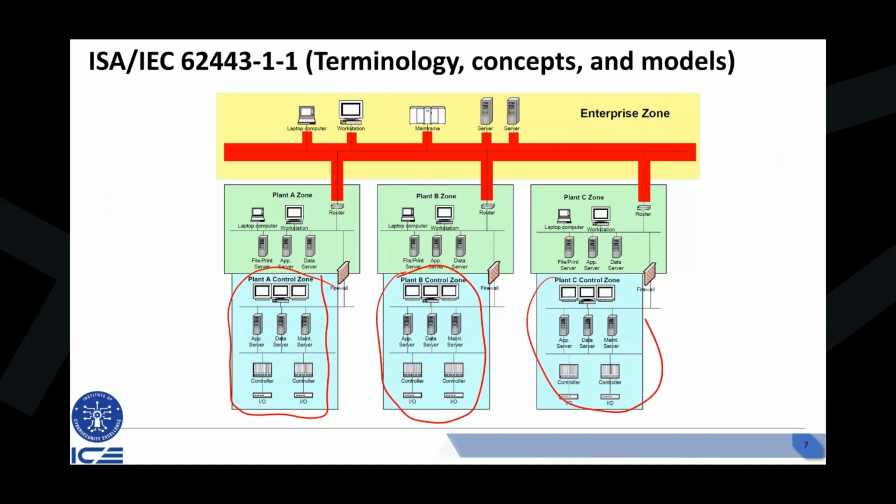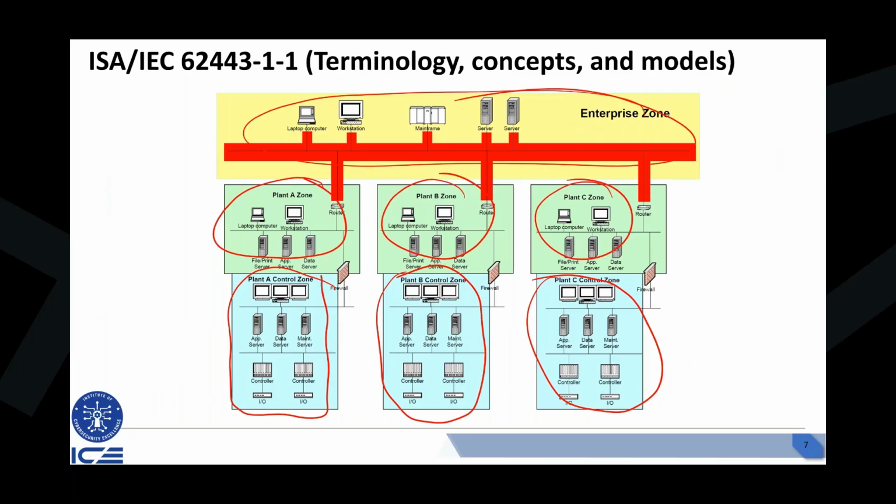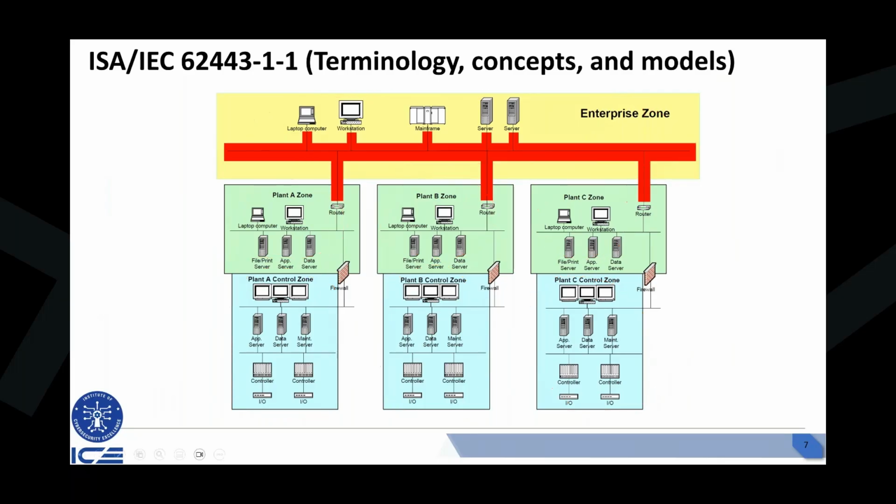And then you can call it a supervisory zone or whatever, they're just calling it plant A zone, plant B zone, and plant C zone. And then on the top, you have the enterprise zone. So the blue colors, the green color, and the yellow, these are all different zones from a cybersecurity perspective as defined by ISA 62443-1-1.